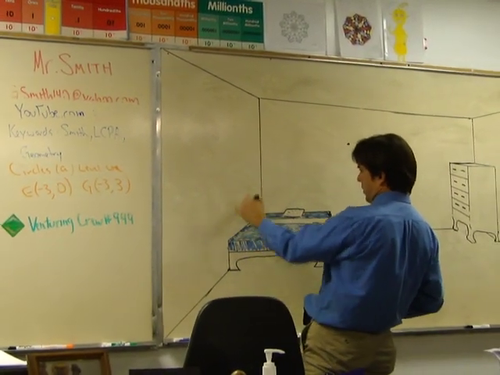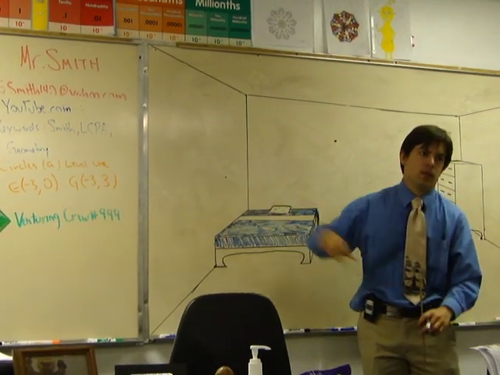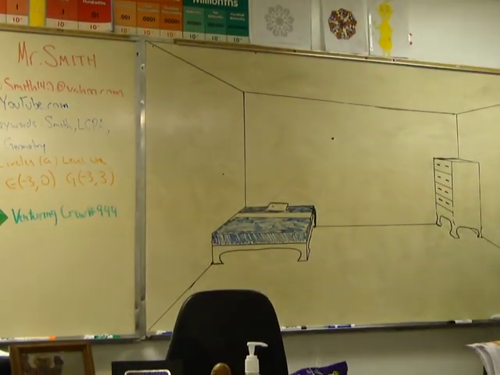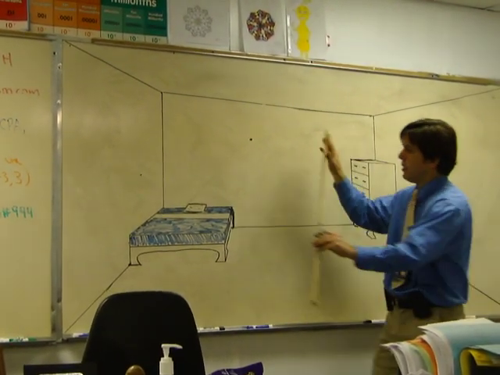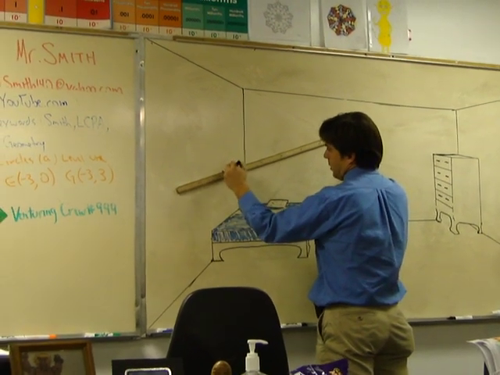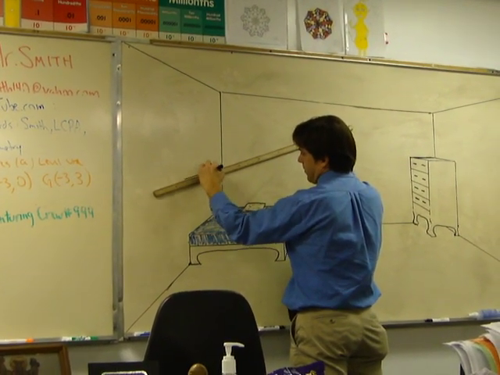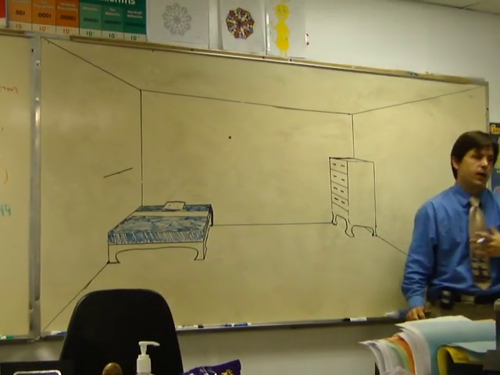So the spot representing about halfway is here. I'm going to start it with just a point, not a line, just a point. I'm going to get the width of my window by going to the vanishing point and making a little line. So that represents the bottom of my window.